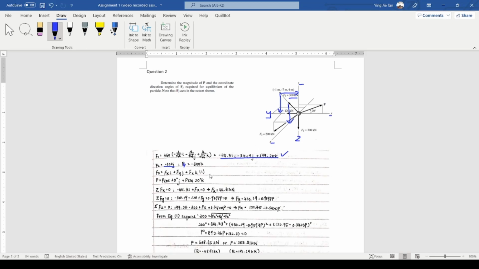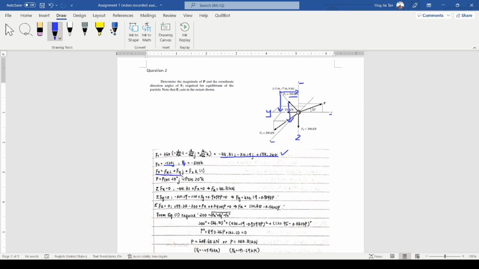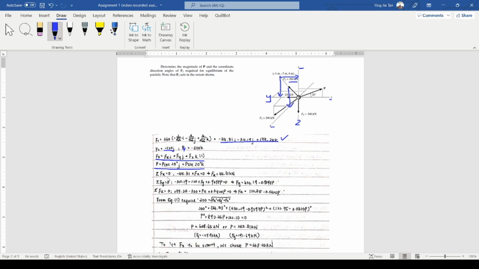Okay. So after that, you will use this equation. We will write down this F3 equation with this, and then we can find P by using this one. After that, we can consider the components, which is axis x, axis y, and axis z by using the resultant.